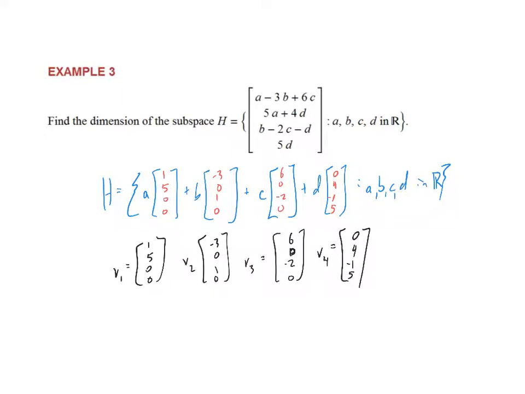If you take a look at those 4 vectors and investigate them, you would notice that two of those vectors are scalar multiples of each other. So I have 4 vectors in R4, however, they are not all linearly independent.